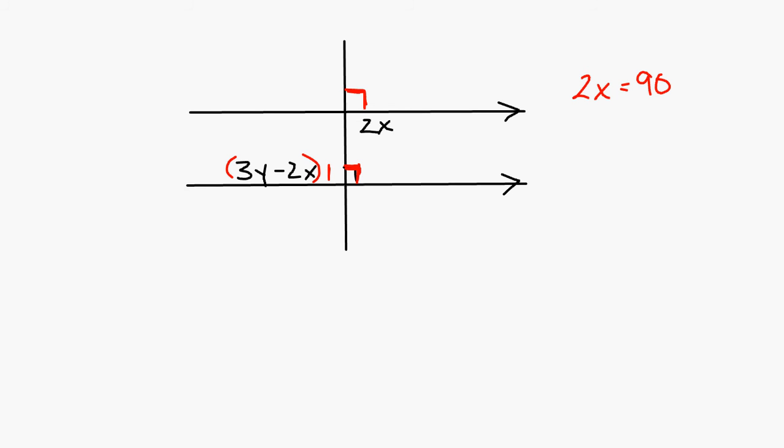It's 90 as well. So once you solve for x, can't you substitute it right here for the x, and set this expression equal to 90? So you would have 3y minus 2 times 45 equals 90, right? Does everybody see that? Okay.